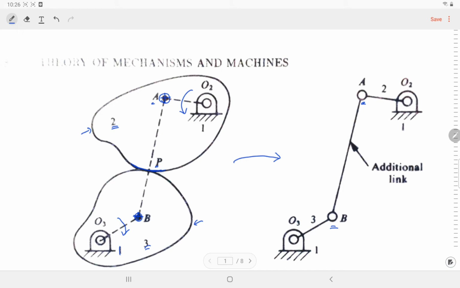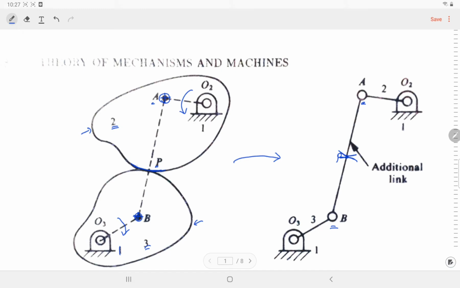So that's how we can replace this higher pair mechanism with a lower pair mechanism. If you modify it like that, then even if the point P is going to be somewhere here in this equivalent linkage, when you observe it from point B, you will see that it's following some particular curve, and if you observe it from point A, it also looks like it's following some particular curve.